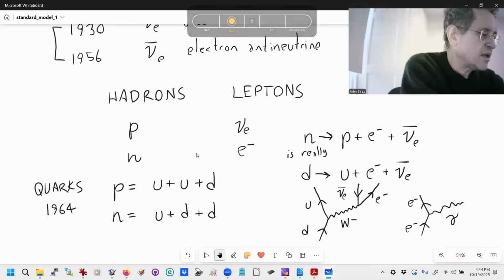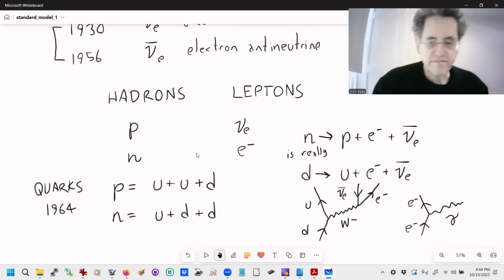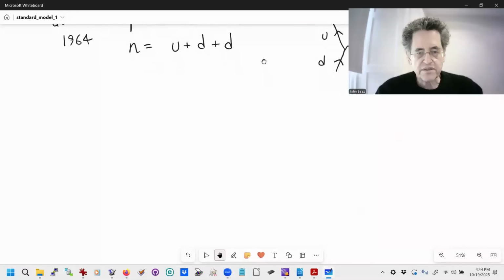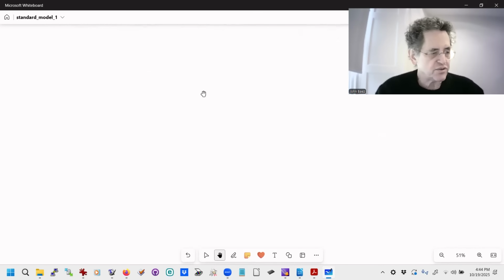So let me try to give you like an updated version of the little chart I had here that takes more of this modern knowledge into account.